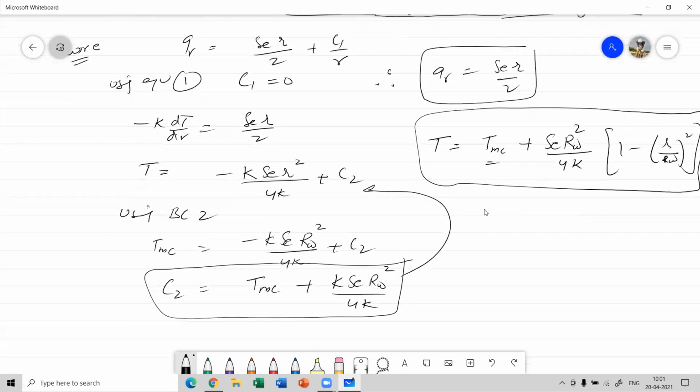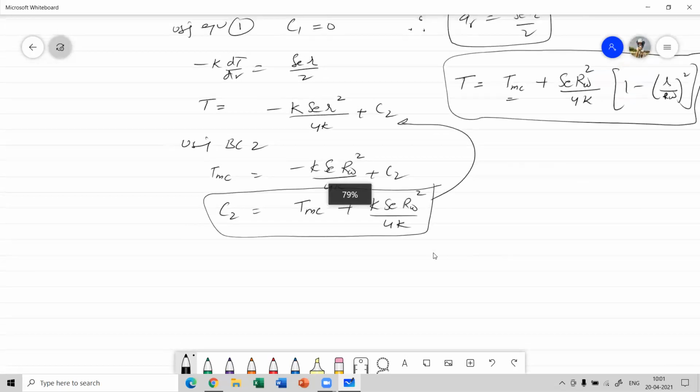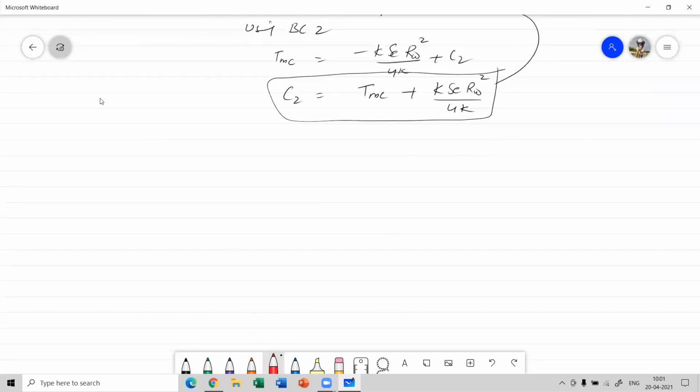Now when we talk about the temperature profile within the metal cladding, we have qr for the metal cladding as C1 by r.